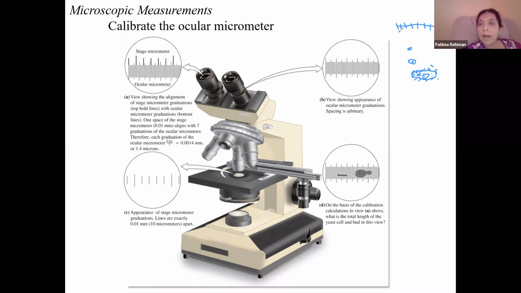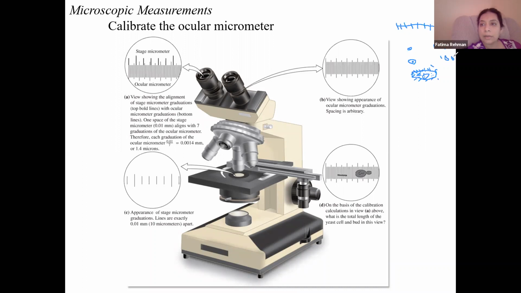Now, when I compare the size of the cell at different magnifications, maybe it's going to be 1 ocular unit over here, and then maybe it is 10 ocular units under 10x.